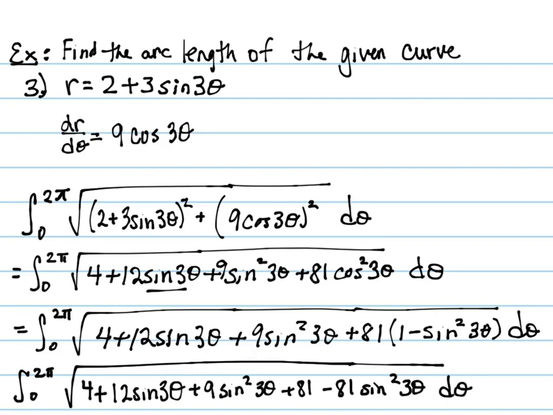Okay, let's see, I've got a 4 and I've got a negative, I'm sorry, yeah, positive 81. The negative's next. That's 85.